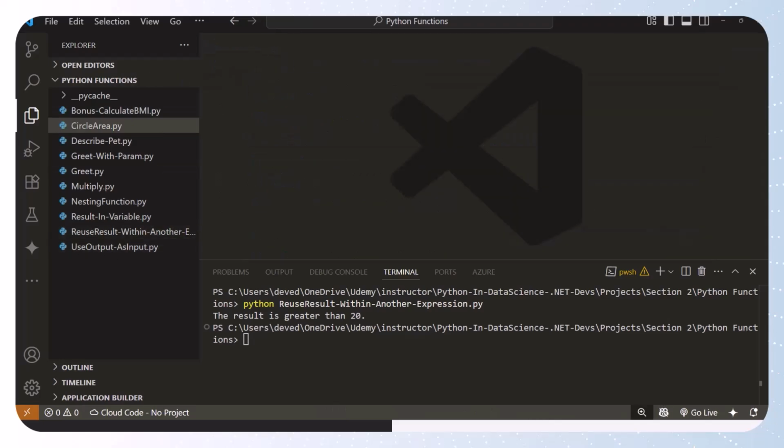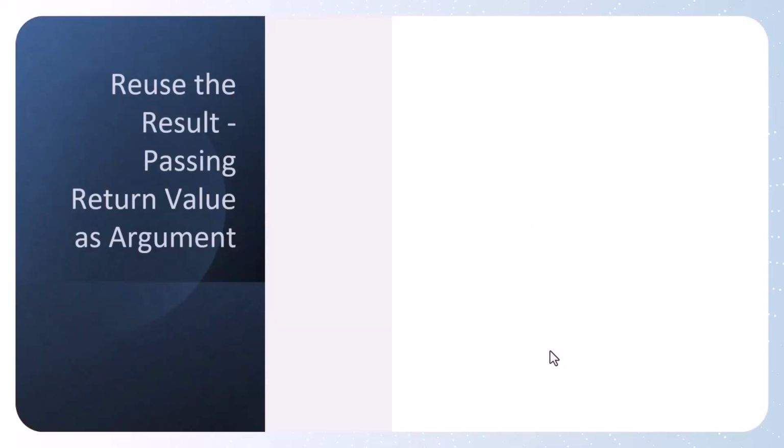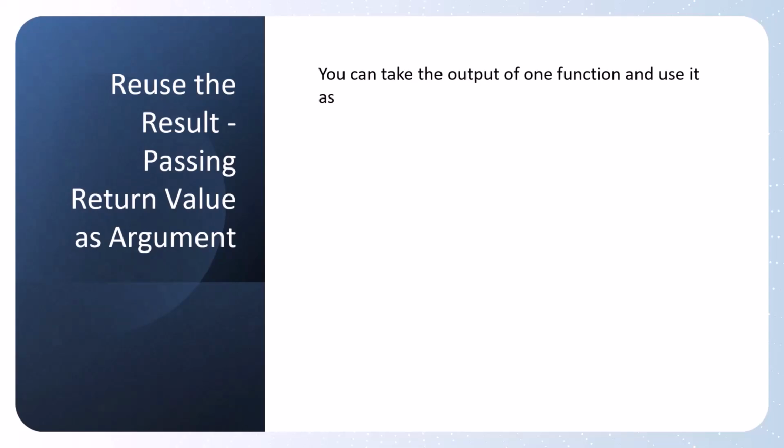Now, what is the next slide? Now, we'll use the result, passing the return value as an argument. So you can take the output of one function and use it as input to another function.